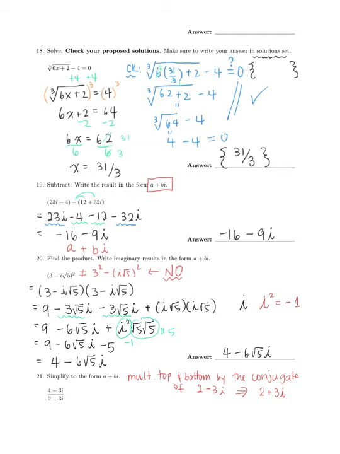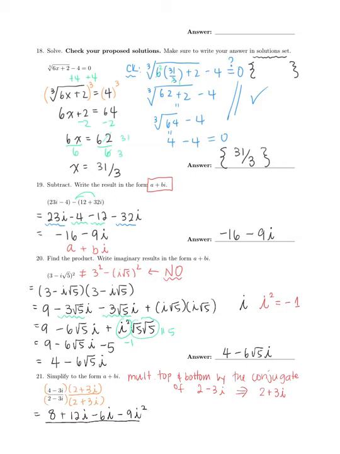Okay, so here what we're going to do is take this and multiply here by 2 plus 3i and then 2 plus 3i. Okay, now what we need to do is we're going to FOIL the top and then we're going to FOIL the bottom. So here you're going to have 8 plus 12i minus 6i and then minus 9i squared.